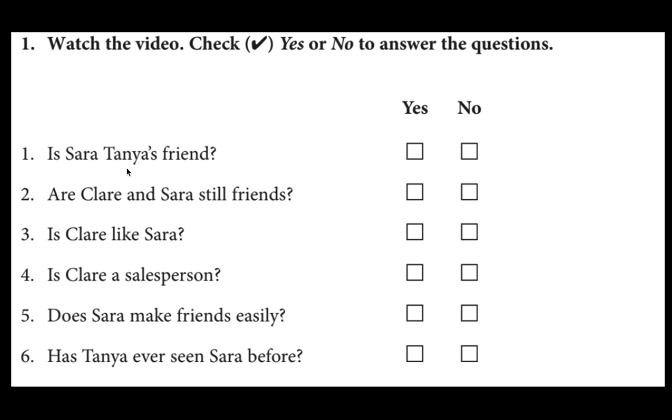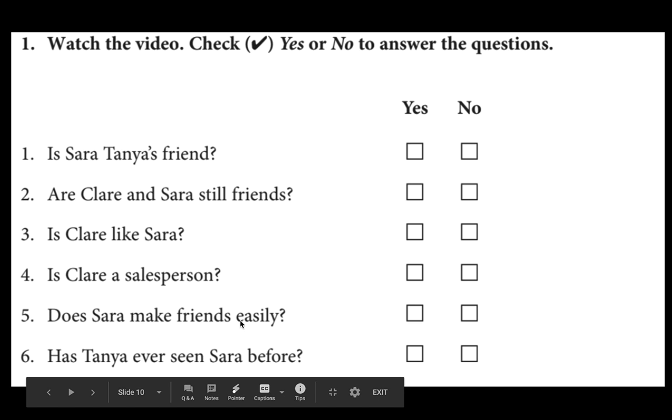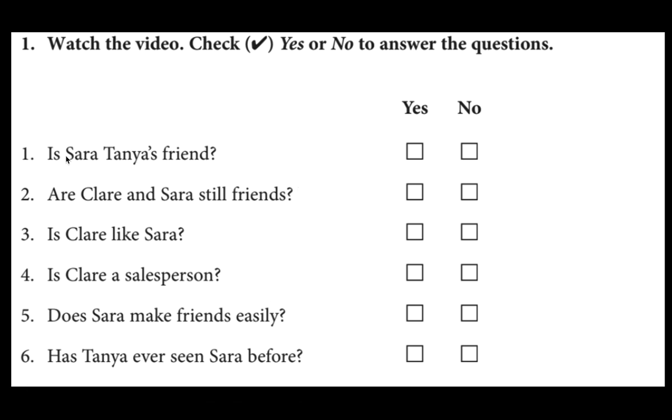So is Sarah Tanya's friend? Are Claire and Sarah still friends? Is Claire like Sarah? Is Claire a salesperson? Does Sarah make friends easily? And has Tanya ever seen Sarah before? So let's check the first one. Is Sarah Tanya's friend? Yes or no?